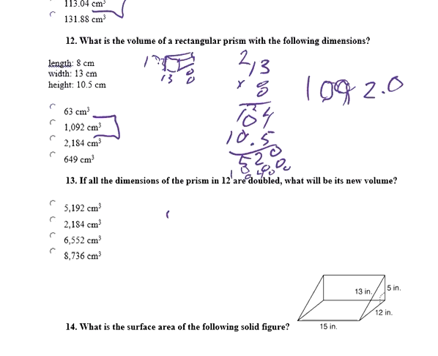Let's go 1 by 1 by 1, and then we go 2 by 2 by 2. This would be 1 times 1 times 1. So the volume would be 1, and we double it, so it's 2 by 2 by 2. 2 times 2 times 2. Yeah, it's going to be 8 times bigger. So I take this number and multiply it times 8. Because it's going to be 8 times bigger.